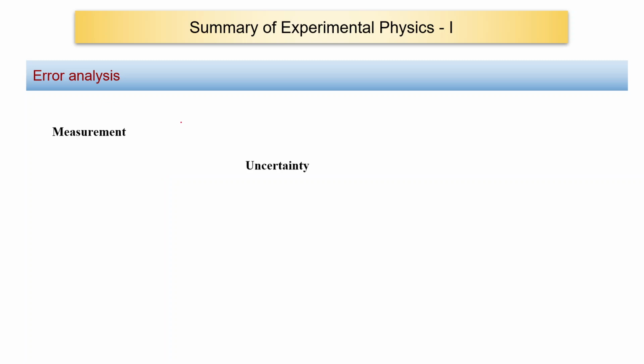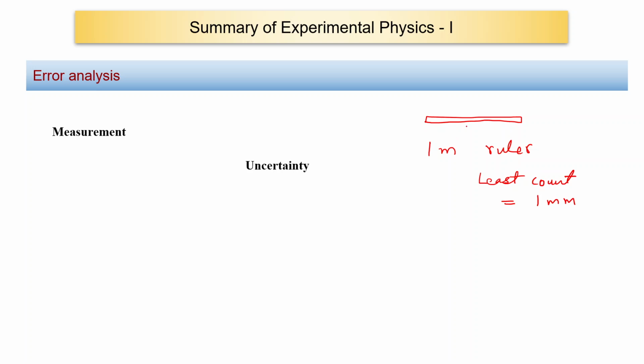Whenever we carry out any kind of measurement, even inside the lab or outside the lab, whatever we measure, that value has some uncertainty in it. Say I have a random stick or rod, and I am trying to measure it with a 1 meter ruler. This ruler has its least count, which is usually 1 millimeter.